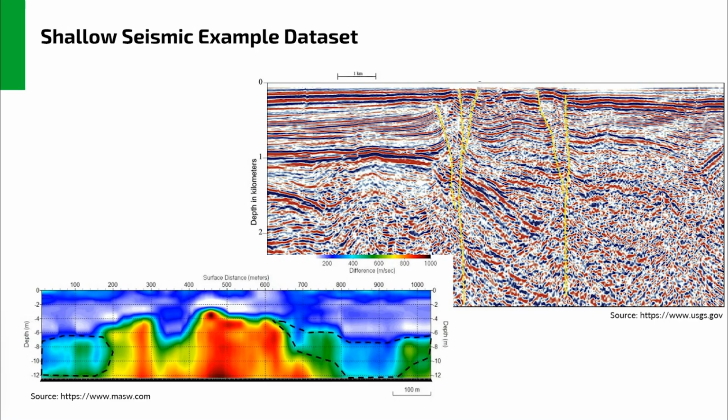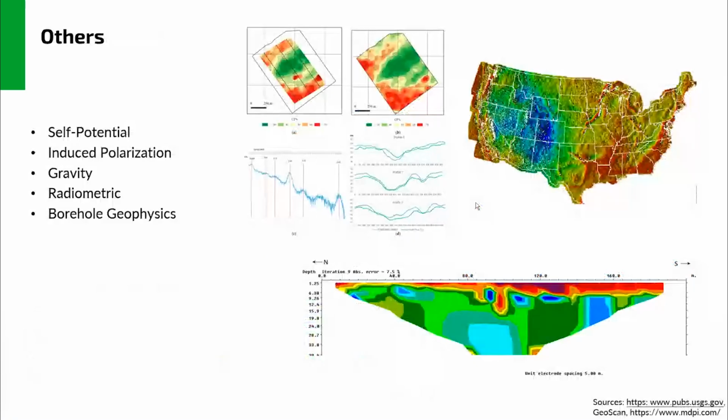A few other examples for different methods are self-potential, induced polarization, gravity, radiometric, or borehole geophysics. The examples here are just showing a lot of rainbow-colored examples.